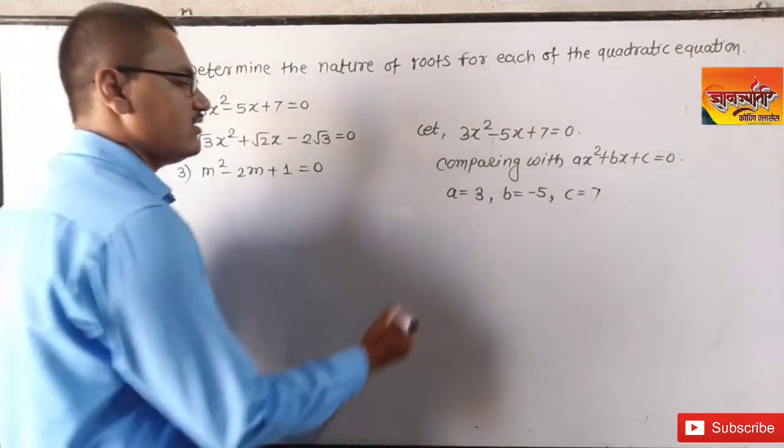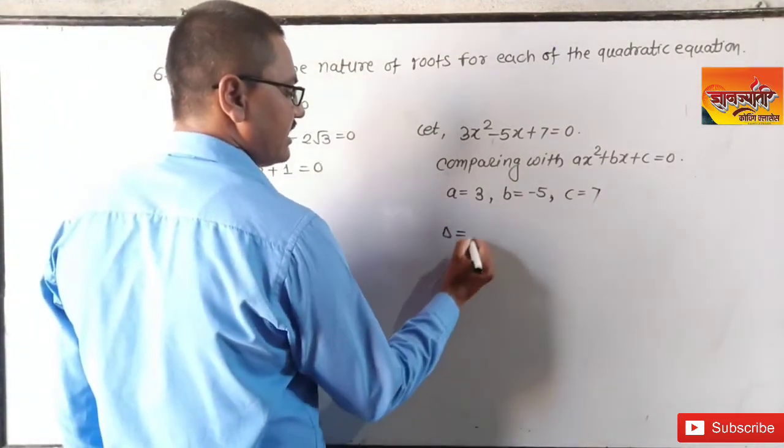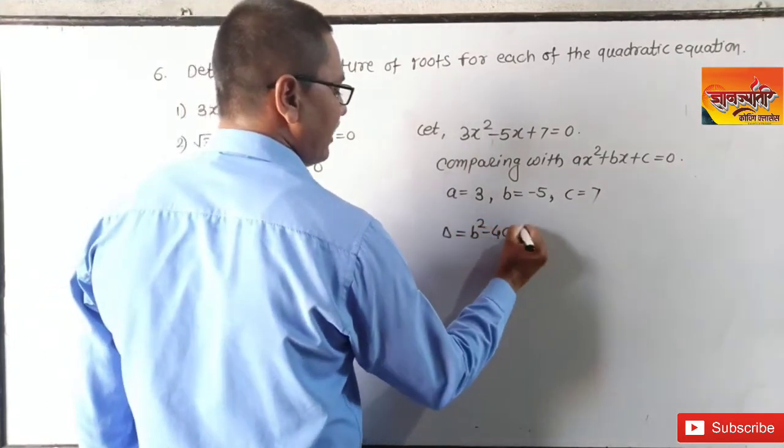Then find the value of the discriminant, represented by delta, which is equal to b square minus 4ac.